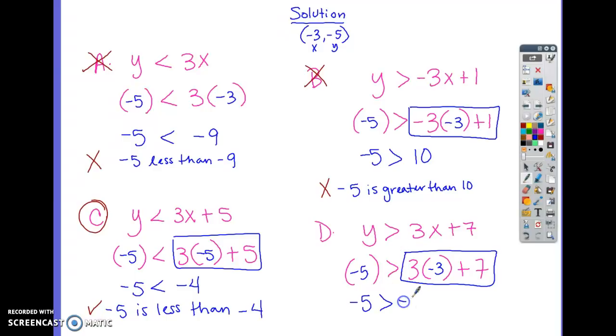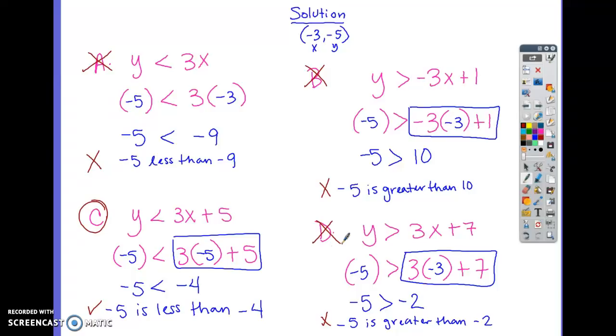That gives you -2. -5 is greater than -2. That is not true. -5 is smaller than -2. This is a false statement. That's why D is not the answer.